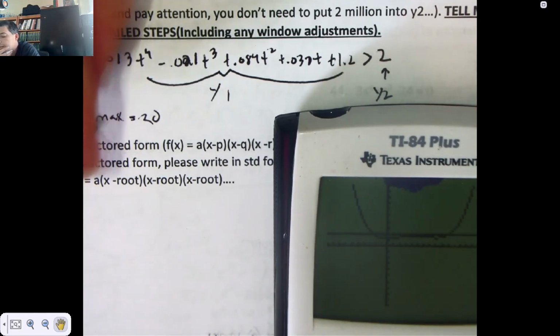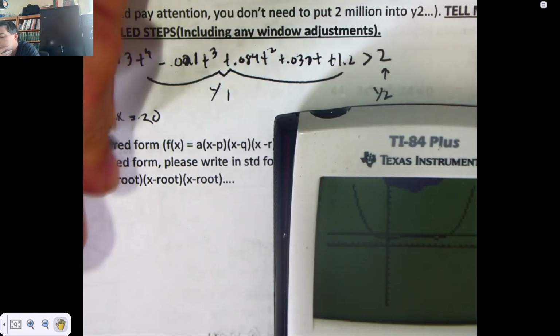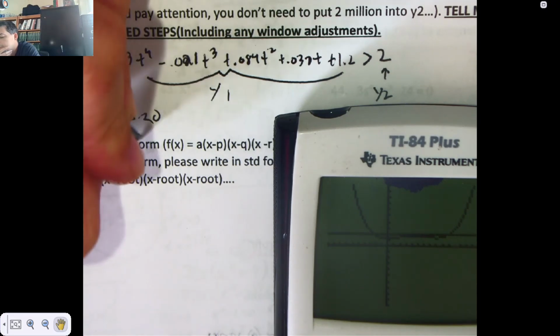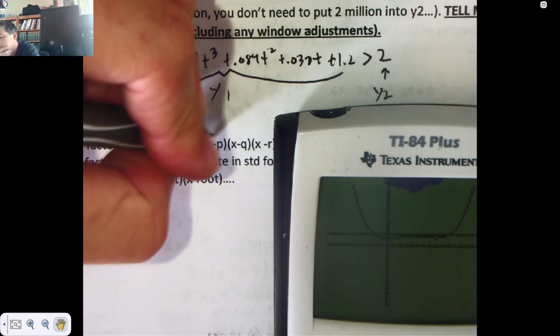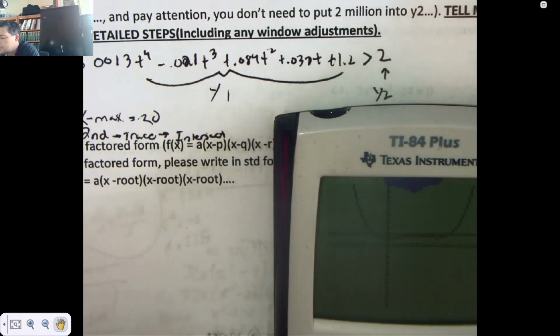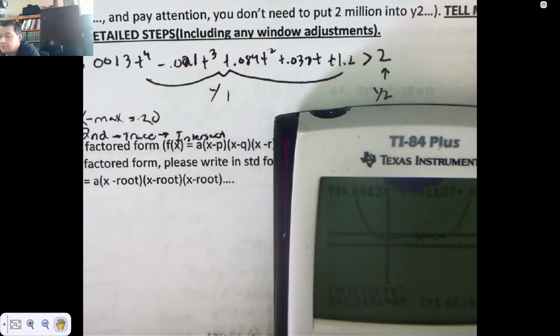I'm going to hit second trace, and I'm going to choose intersect. Second trace intersect. And I'm going to get close to my intersection, and press enter 3 times. And I got that X is about 10.